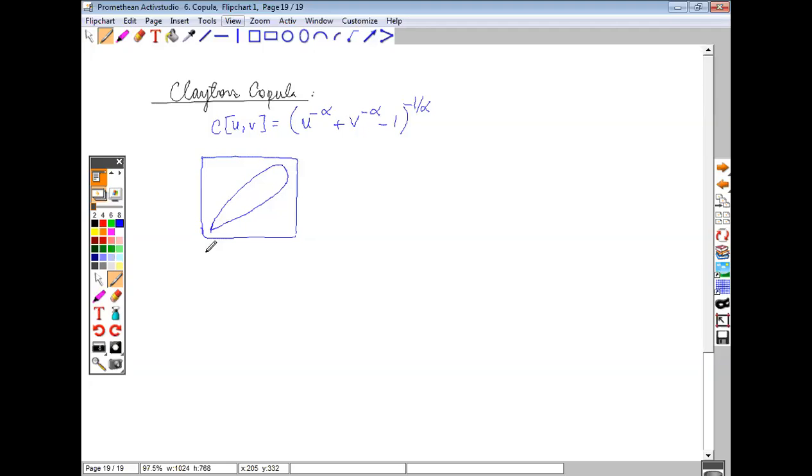And I guess the next kind is the Frank copula, which won't really allow you to measure things clearly. Its formula does look monstrous to me. It's minus 1 upon alpha. I think anything related to Frank's derivation is surely not going to come up.